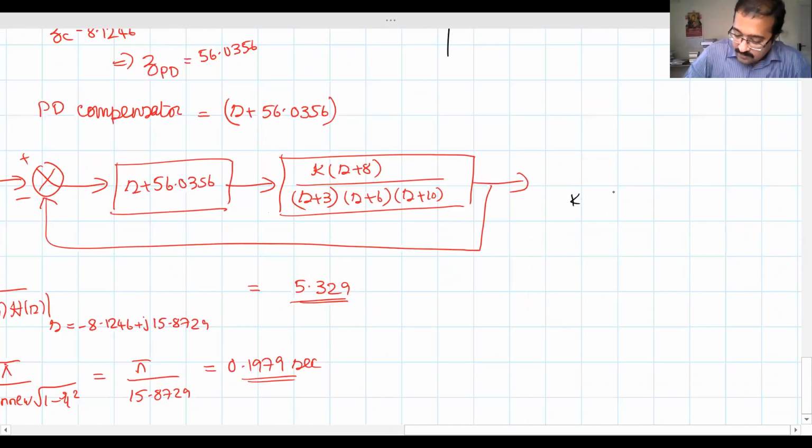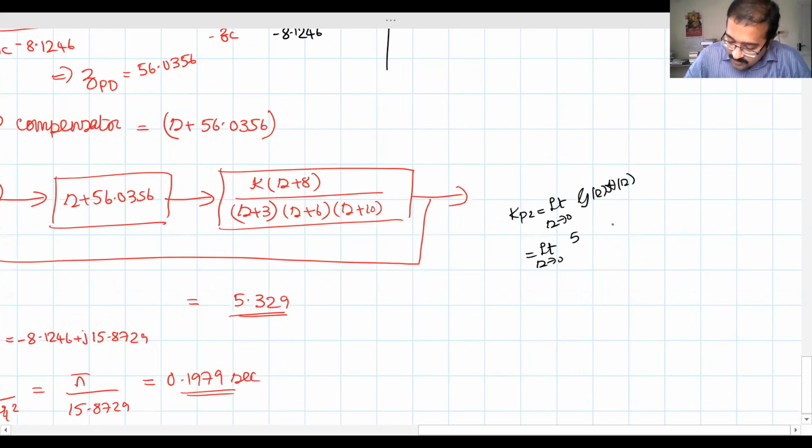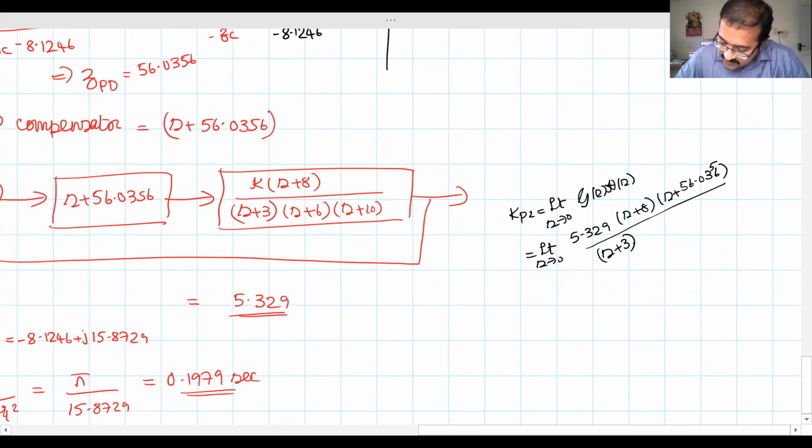Kp2 is again limit s tends to 0 of G(s)H(s), that is, 5.329 into s plus 8 into s plus 56.0356, whole divided by s plus 3 into s plus 6 into s plus 10.